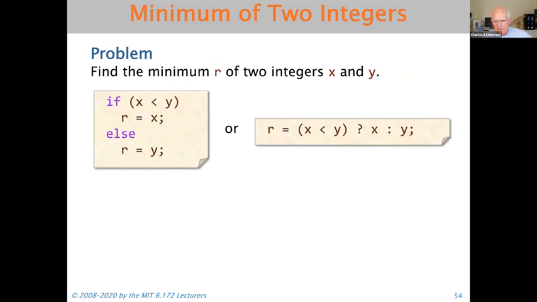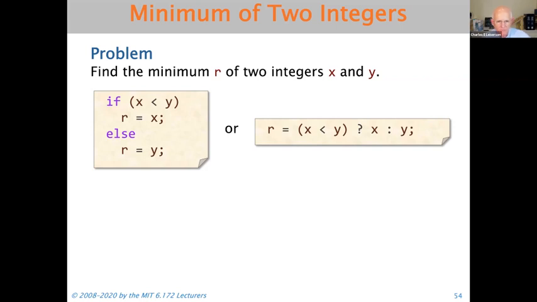The code on the left uses a standard if conditional. If x is less than y, then r gets x, which is the smaller of x and y, and otherwise r gets y. The code on the right is equivalent, but it uses the C question mark colon syntax, which does the same thing and is sometimes more convenient.